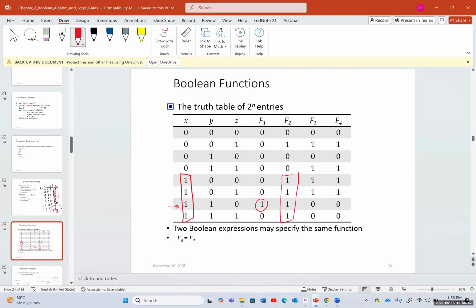So just from this, we can realize that we can simplify it as f is equal to x plus something, or just f is equal to x, because when x is 1, f is also equal to 1.